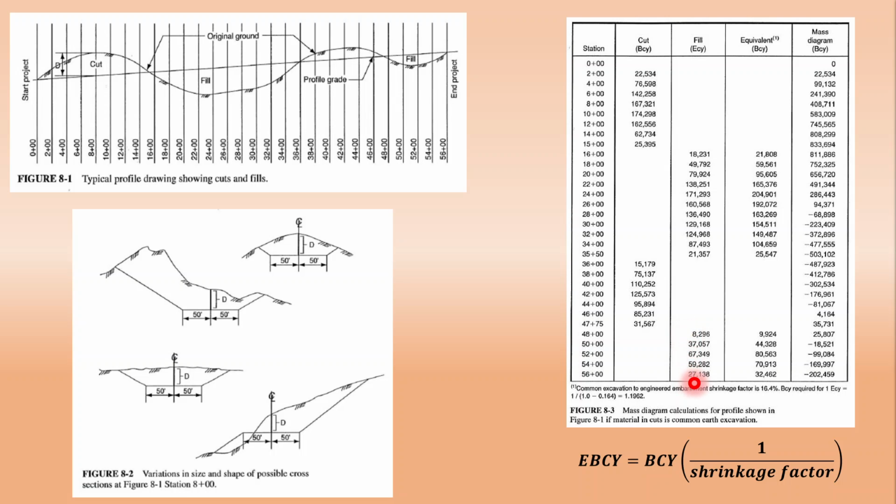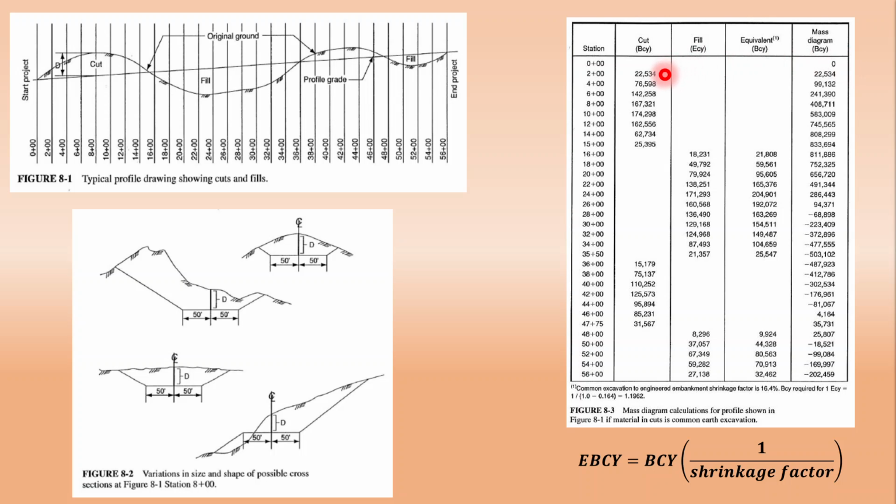And I'm going to skip this fourth column here for a second, and I want to look at this last column here, the mass diagram. These are the data points that we're going to be plotting here on a mass diagram in a second. But you'll notice here, these are an accumulation, a running total. At the beginning of the project, obviously we have 0 earthwork.